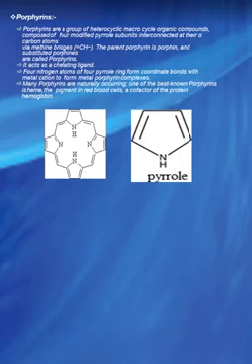So if you go through a structural analysis, porphyrins are a group of heterocyclic macrocyclic compounds composed of 4 modified pyrrole units, which you can see on the screen.